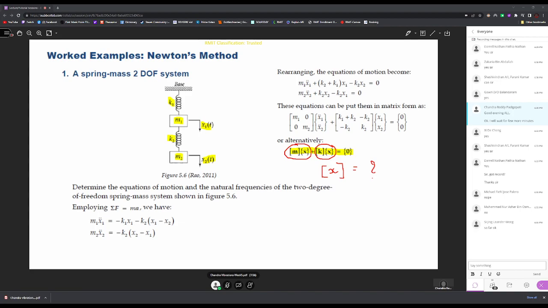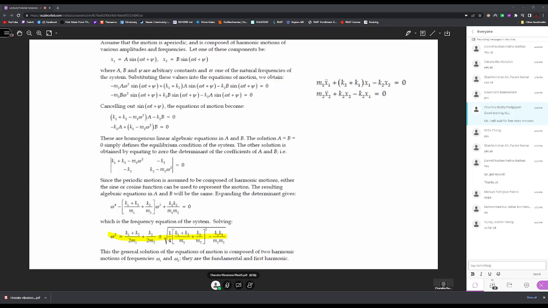To write the response of the system, first we focus on the two equations. We can treat each equation as a single degree of freedom and apply the same analysis we have done earlier. We have seen that the response for a mass and spring system, you can consider x1 as A sine omega t plus phi.